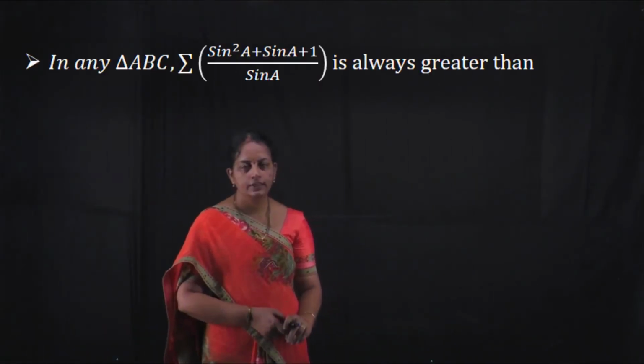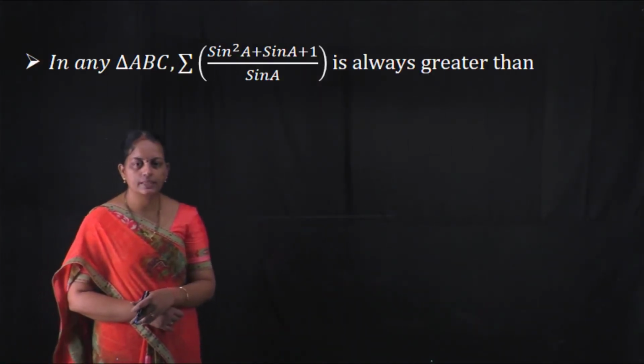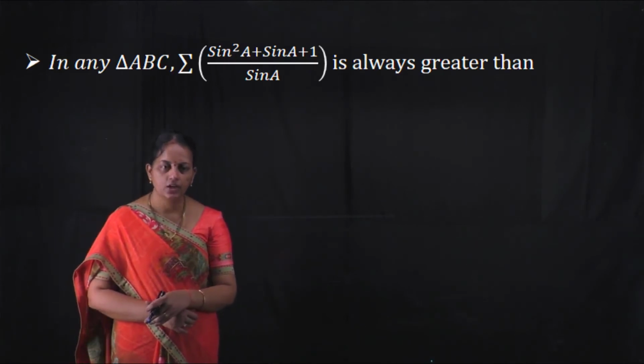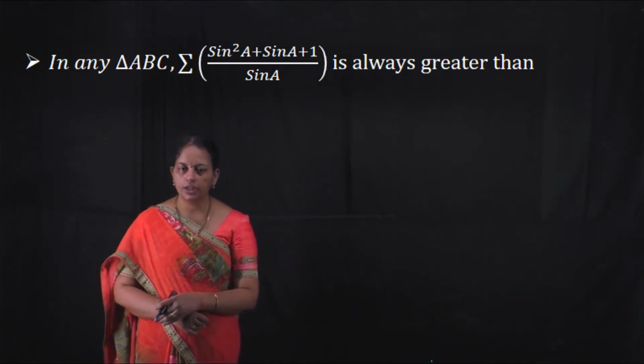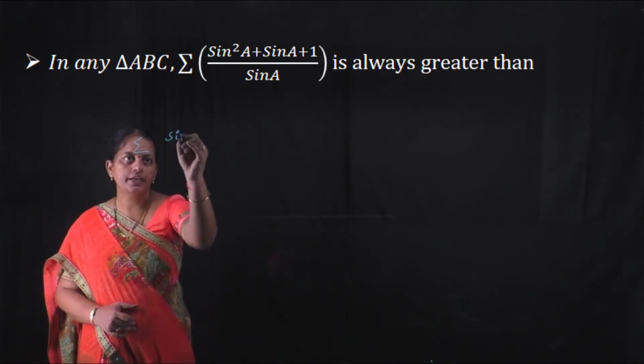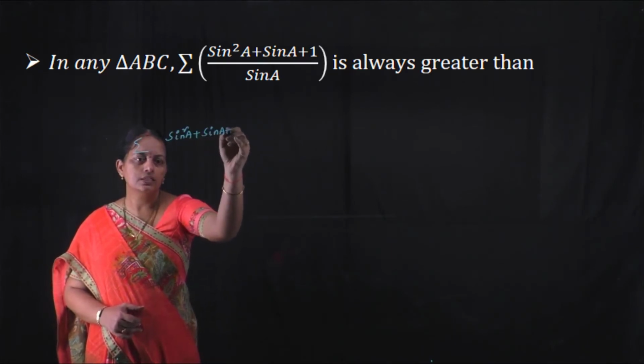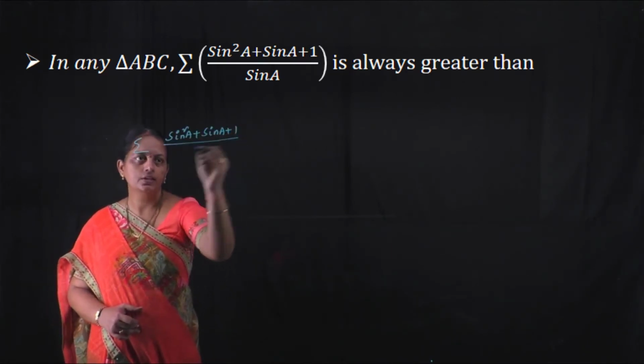Okay. Next one is, in any triangle ABC, sigma of sine square A plus sine A plus 1 by sine A is always greater than or equal to what?